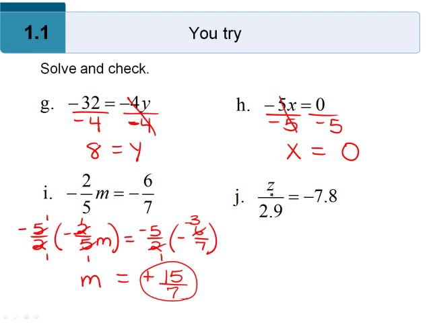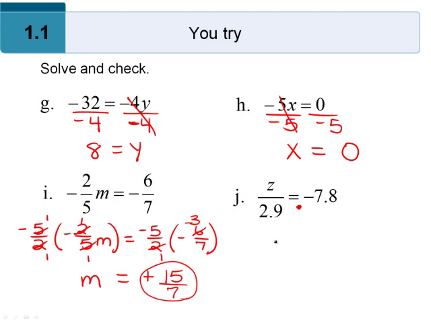Now, J, there's a shortcut on this one. Whenever it's in this format where you have a variable all by itself on top and the coefficient is just a 1 on the variable, you can multiply these two numbers together as long as it's in this same type of format, and that will give you your answer. So we're going to say 2.9 times a negative 7.8.